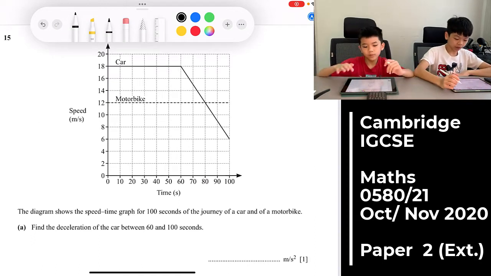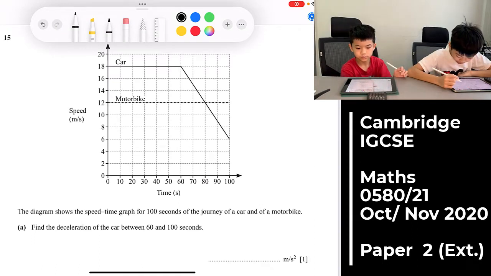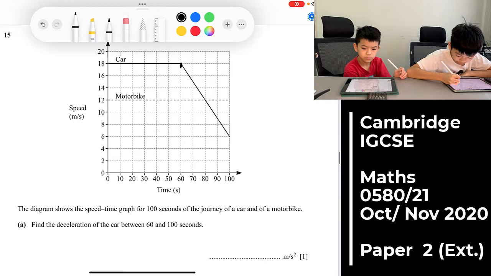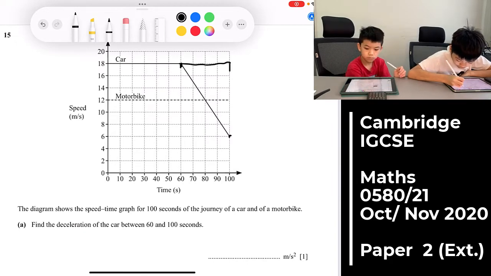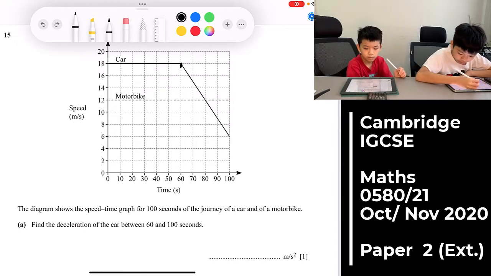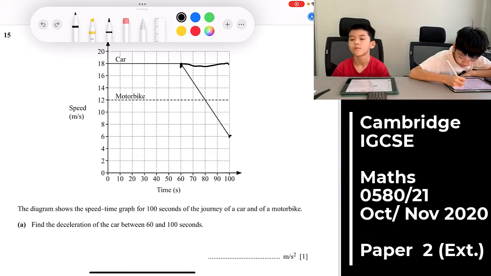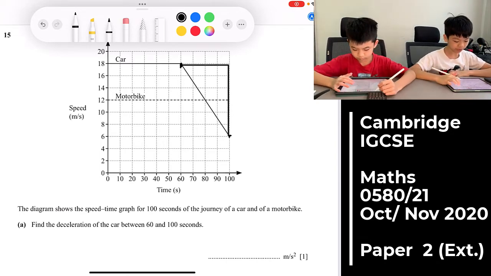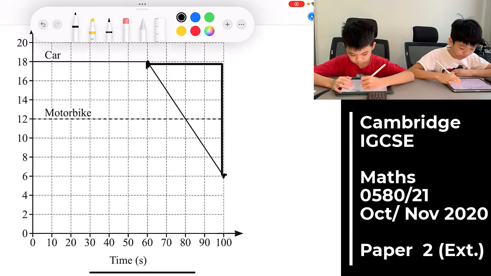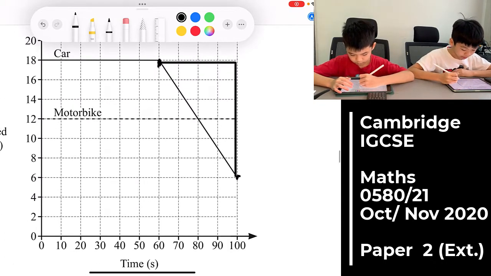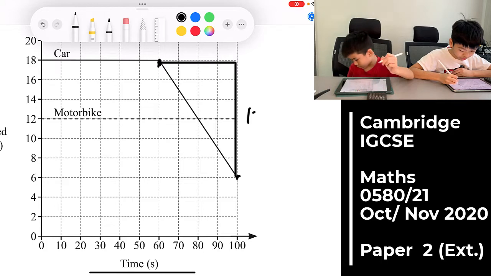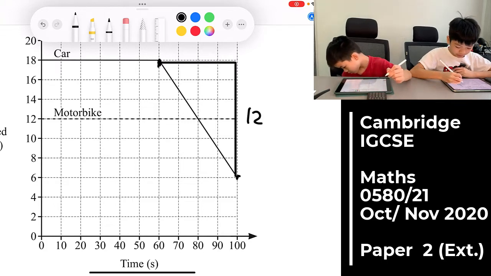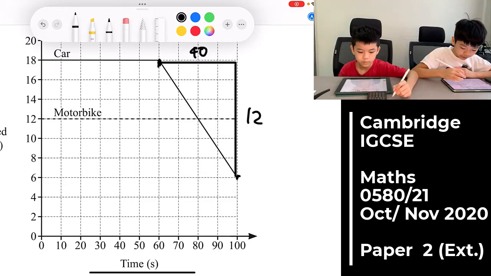Question 15a, find the deceleration of the car between 60 and 100. So which is here and then here. Deceleration is a negative acceleration, so it's definitely a positive value. And then 18 to 6, which is 12, and then 40.